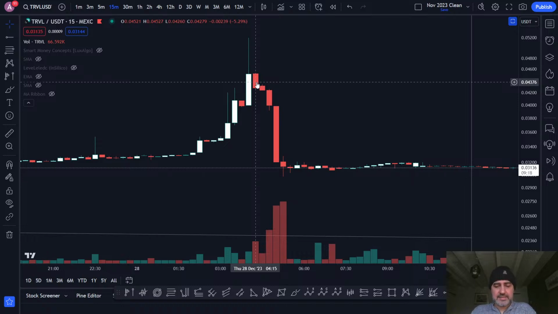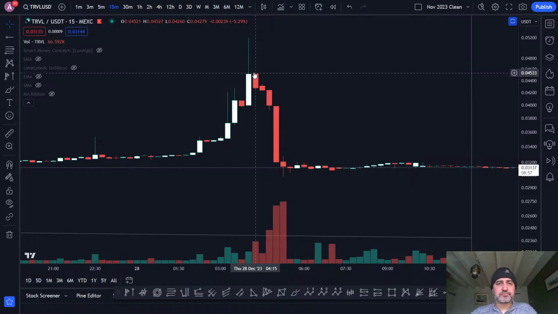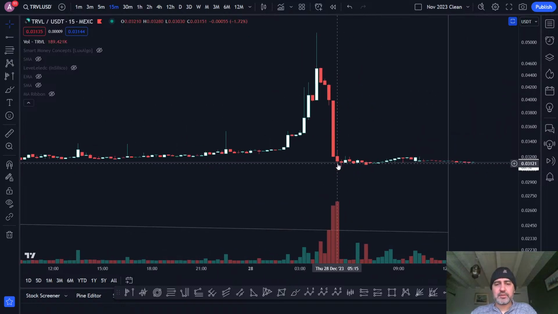Then we had 66 plus 29 plus 101 plus 177. 373. So about 70,000 more left the market. Basically all of this rise was reversed in terms of volume, right?